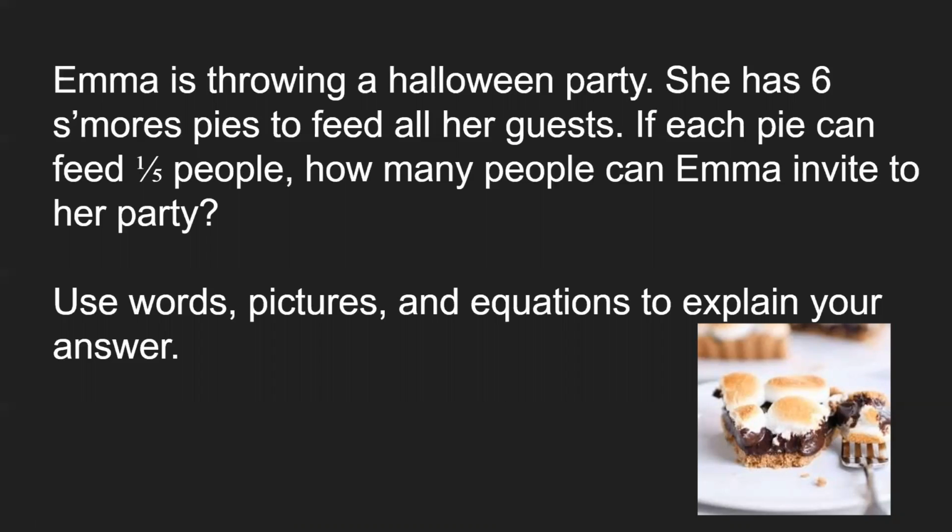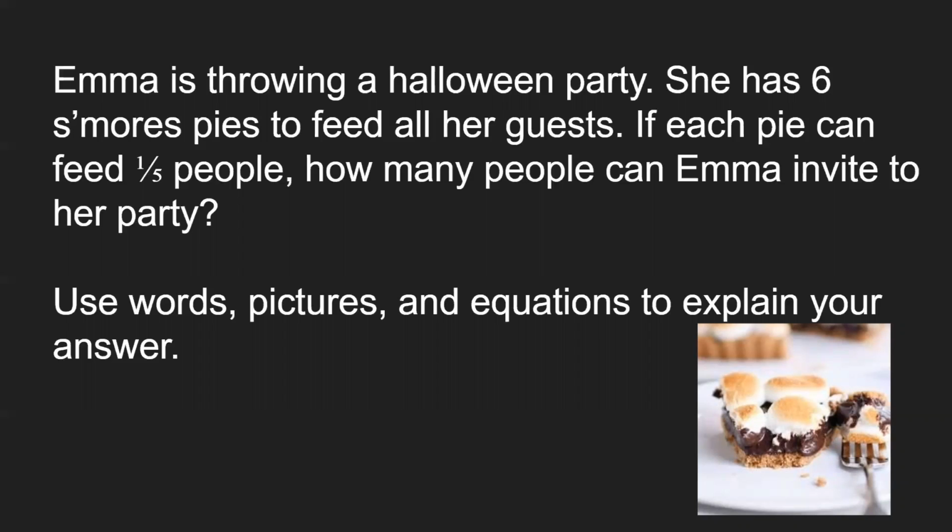What operation would we use, and why would that work the best? Well, I think that division would work the best, because we're trying to figure out how many 1/5 size pieces are in 6 pies. So we are dividing each of the 6 pies into 1/5 pieces to determine how many total slices there are in those pies.